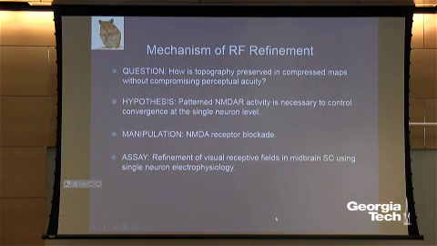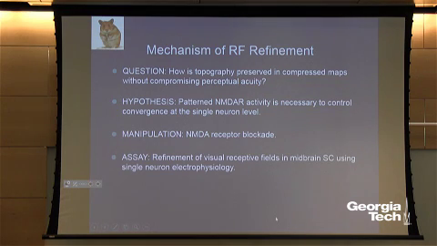Okay, so that led us then to ask this question: how do they do that? How do you get a preservation of receptive field size even though you've got this increase in convergence of the two populations? And so we proposed that perhaps the NMDA receptor, which has some special properties that I'll tell you about, might be able to tell the cells in the superior colliculus how much visual information, that is how much space they were representing, and then be able to prune down the projections enough to keep the receptive field properties the same.